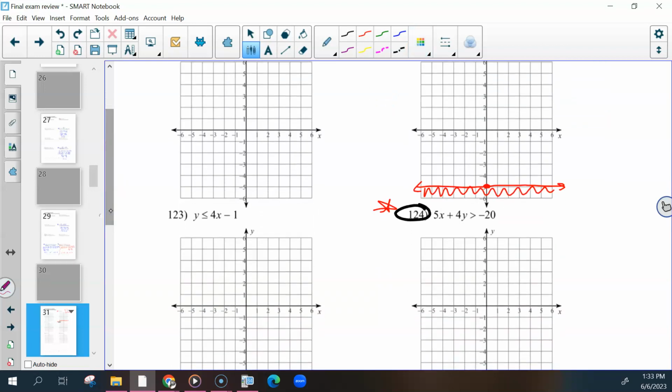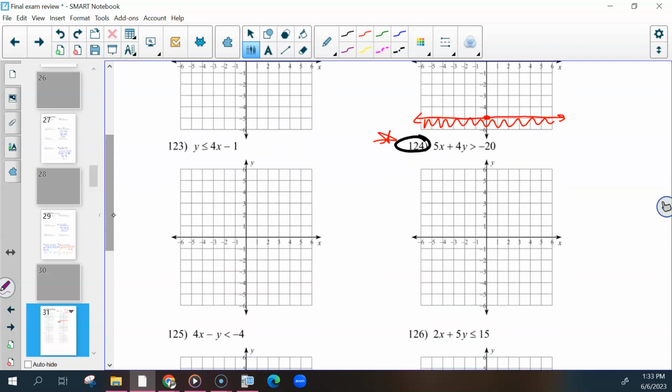Questions on that one? 124, we have to solve this. Get it back in slope-intercept form, subtract 5x to both sides. Divide everything by 4.